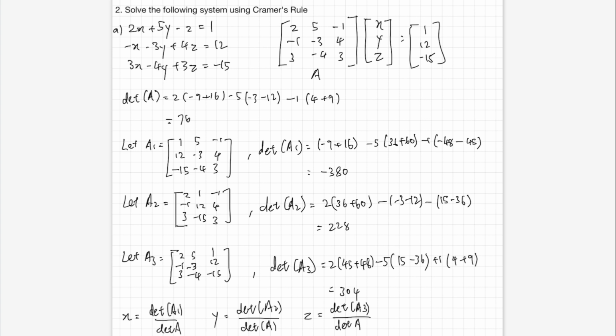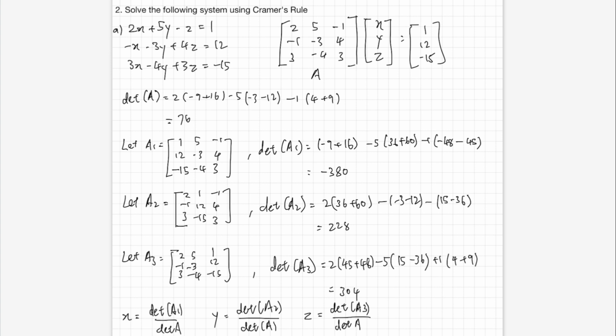Then same as A2, I substitute the 1, 12, and negative 15 into the second column of matrix A to become matrix A2, and the determinant of A2 equals 228. A3 is the same. I substitute the answer column into the third column of matrix A to become matrix A3. So the determinant of matrix A3 is equal to 304.